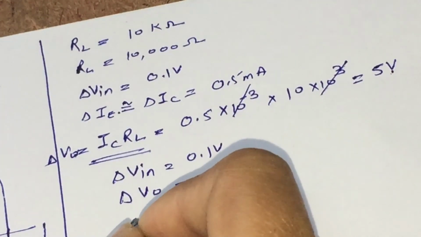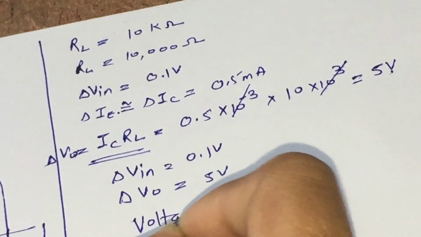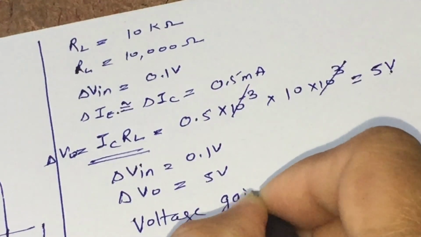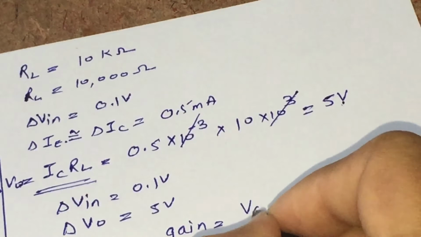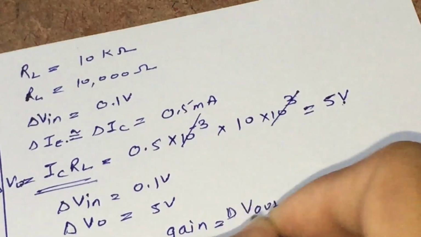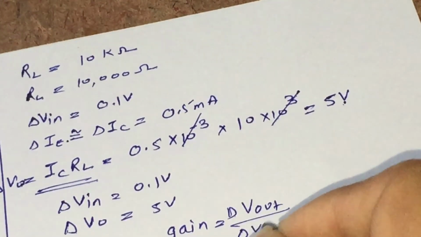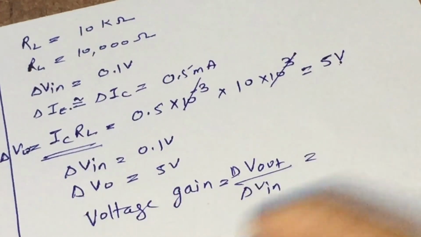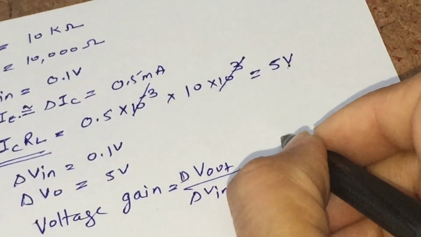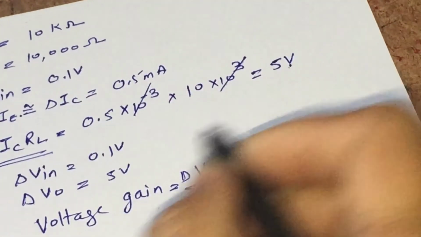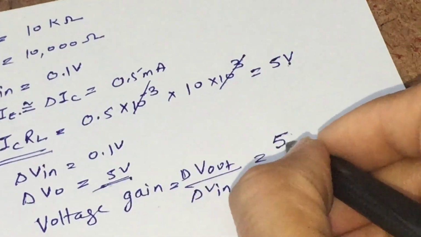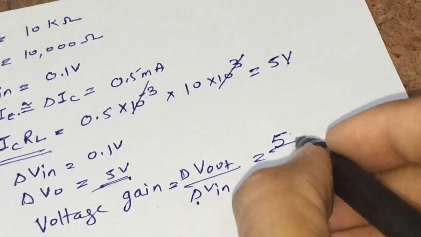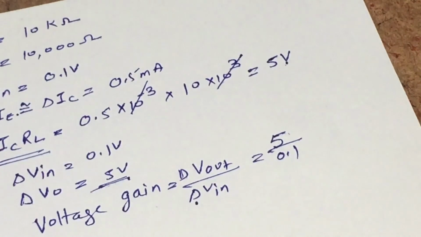It means the voltage gain or the amplification in the voltage, that is the change in the output signal with the change in the input signal, in our case comes out to be: change in the output voltage is 5 volt, and change in the input voltage is 0.1 volt.